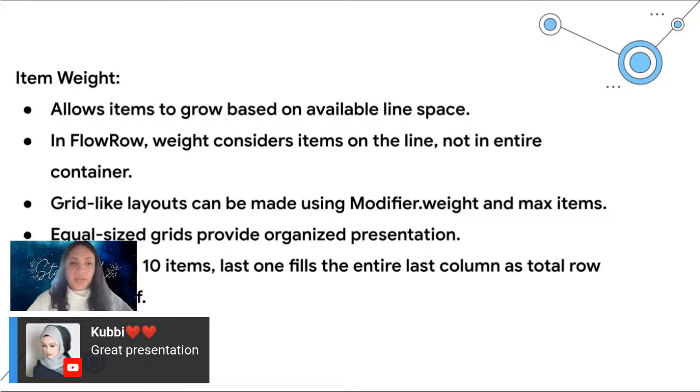So for example, in FlowRow, the weight considers the items on the line and not the entire container of FlowRow. And I think the same is for FlowColumn. It'll consider the items on the line and not the entire container of the column.